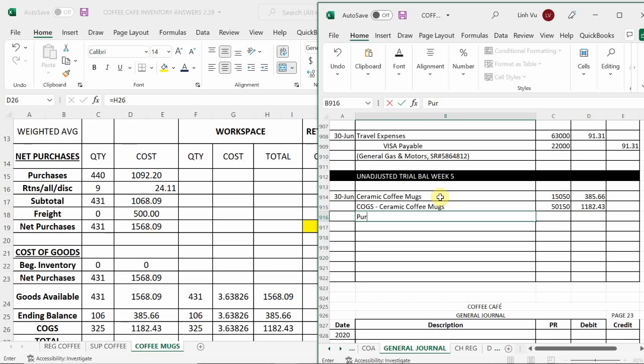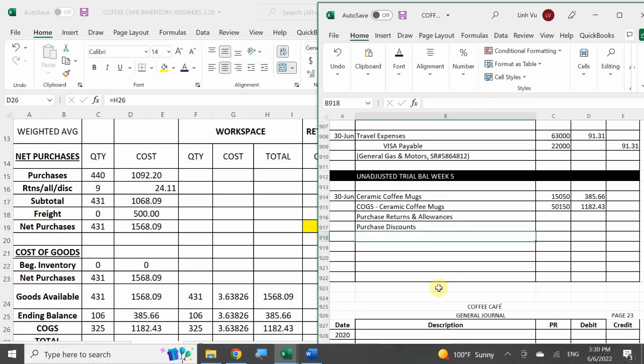A purchase returns and allowances. Okay. And I also have to keep it separate because when I originally journalized this, I may have returned 9 coffee mugs. However, I also received a 1% discount for one of those. So in this case, I also have to recognize the purchase discount.